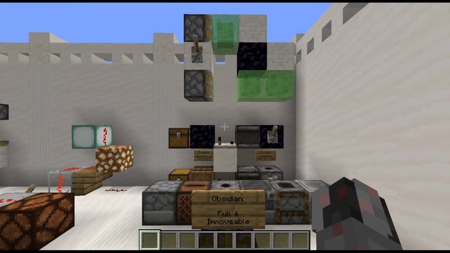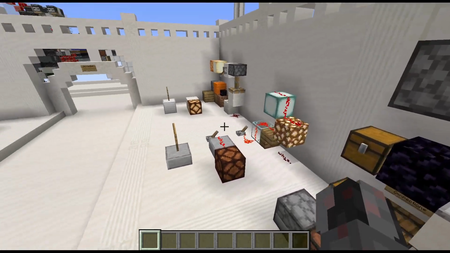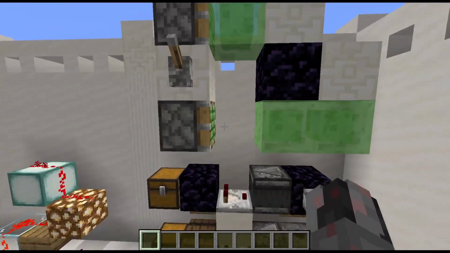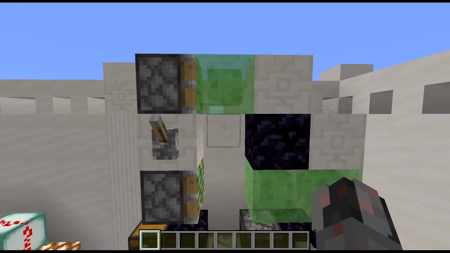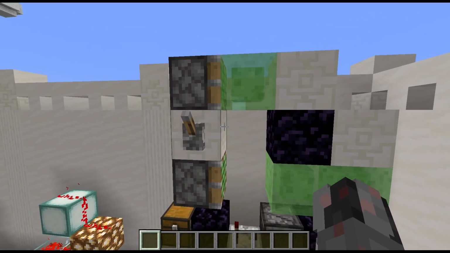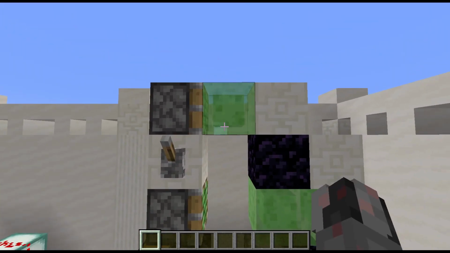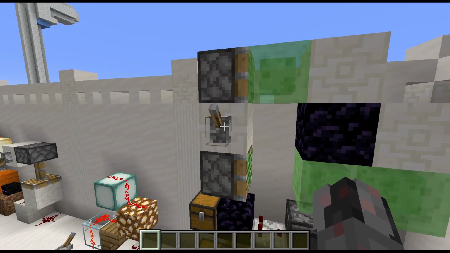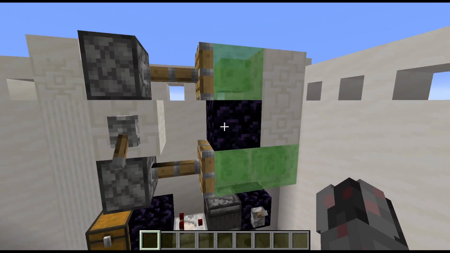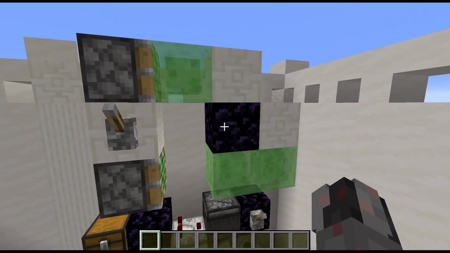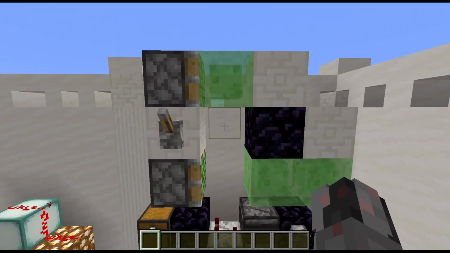The next category of blocks is usually represented by obsidian in my builds, and those are the full and immovable blocks. Besides being full blocks and subsequently being able to transmit redstone power, they also can't be pushed around or pulled around. So this means that, for one, they don't stick to sticky blocks like the slime or the honey block, and for the other, they will also hard stop the movement of other blocks if they are in the way, which is very important for compact redstone mechanisms.